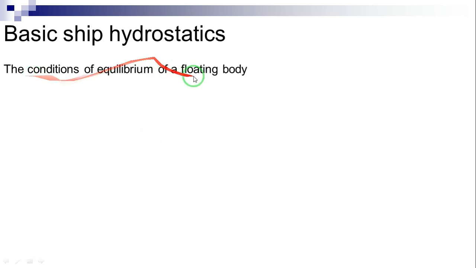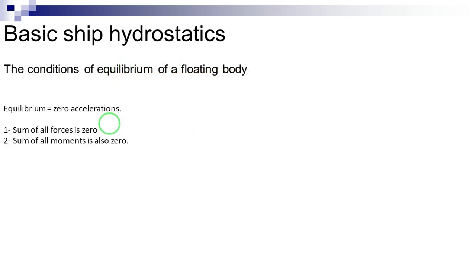The conditions of equilibrium of a floating body. A body is said to be in equilibrium if it is not subjected to accelerations. Newton's second law shows that this happens if the sum of all forces acting on that body is 0, and the sum of the moments of those forces is also 0.